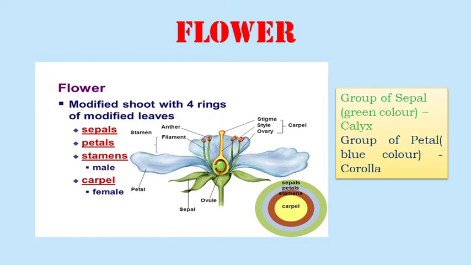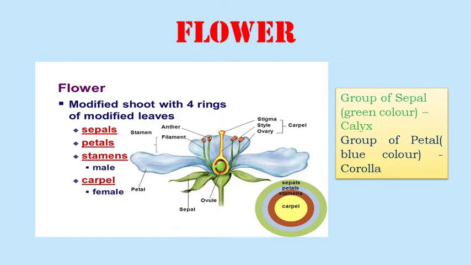Now here I have used the term calyx. What is calyx? Before that, in this diagram, how many sepals are there? So there are 3 sepals in this diagram.